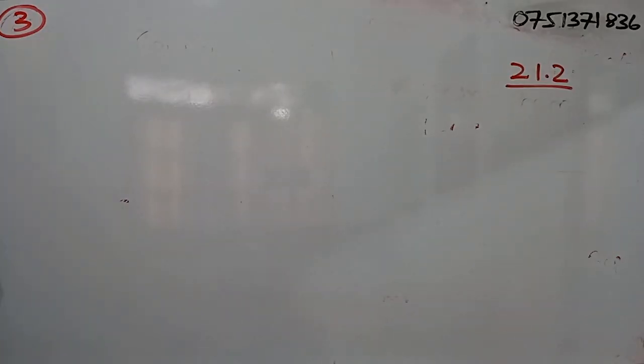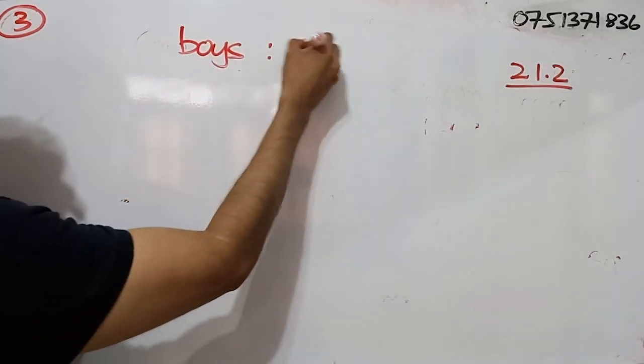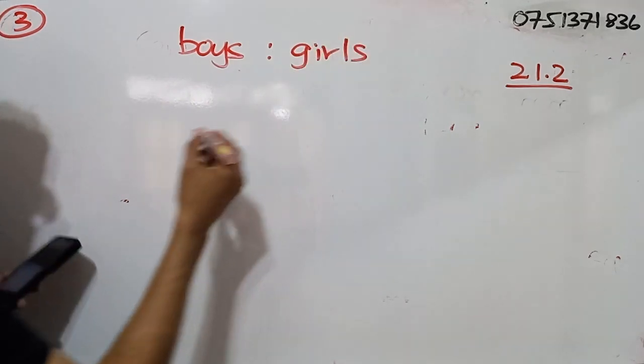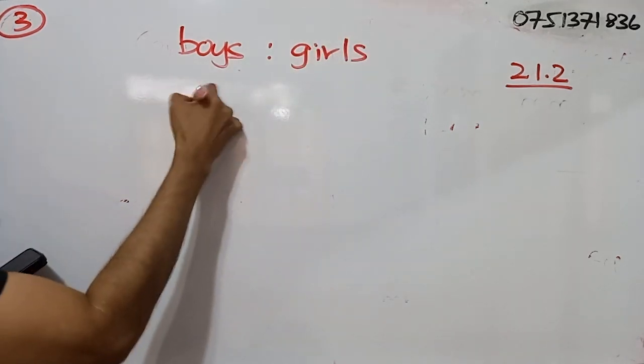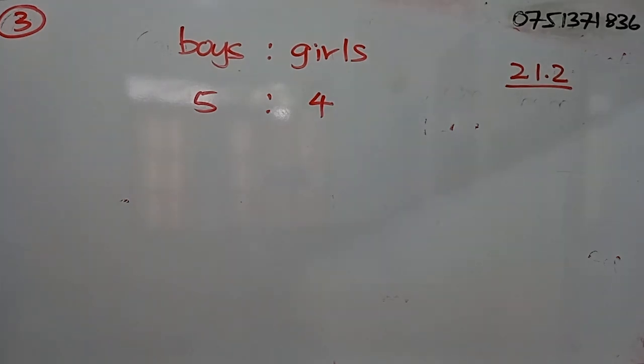Right, question number 3. The ratio of boys to girls in a school is 5 to 4. Right? So we have boys to girls. Right? So that is 5 to 4. If the total number of students in the school is 1800.